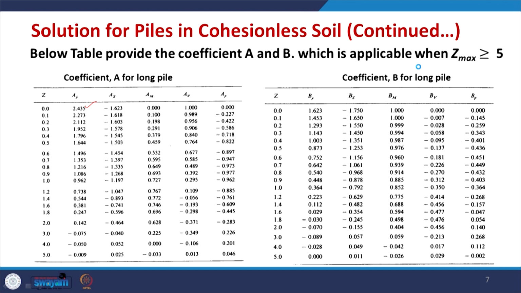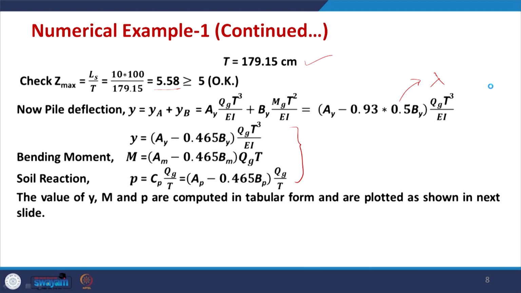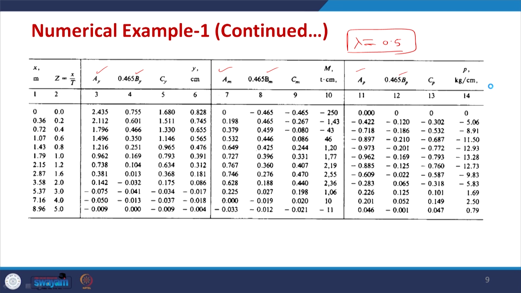Simply from these: Ay, Am, Ap, By, Bm, Bp. Using these table charts given by Reese and Matlock, these values are picked up. Then Cy is calculated as Ay minus 0.93 By, which is already here, multiplied. So, simply Cy will be Ay minus this column. Similarly, the difference of these two gives Cm, and the difference of the two gives Cp.